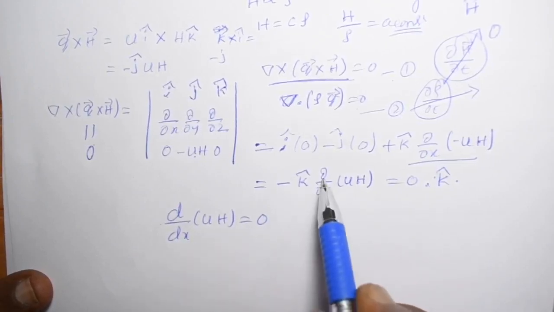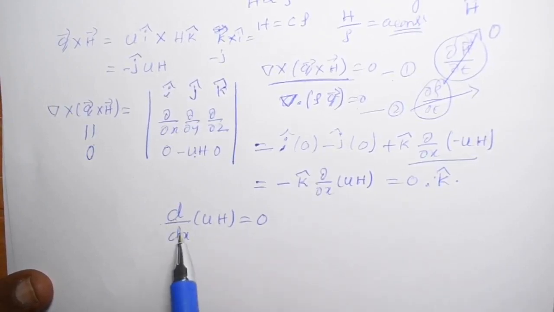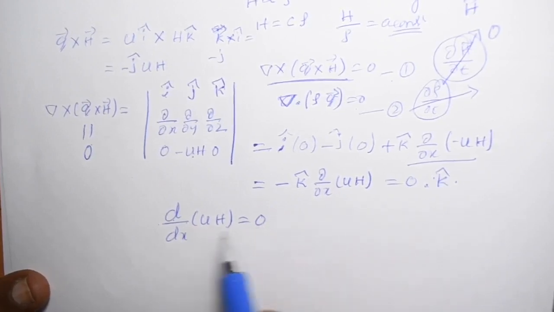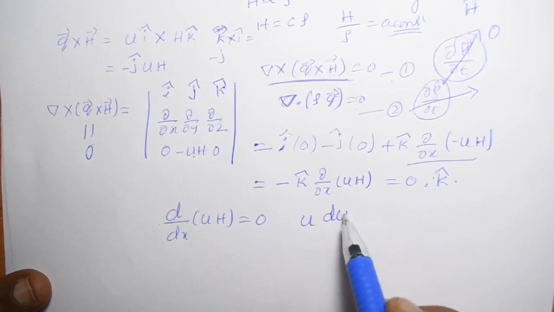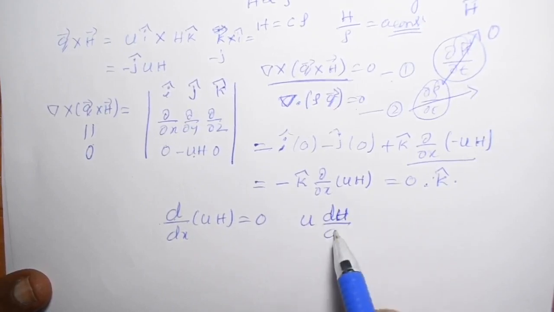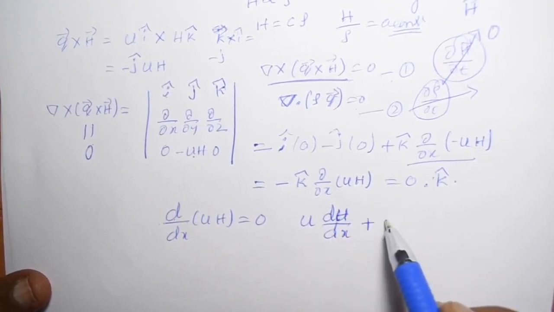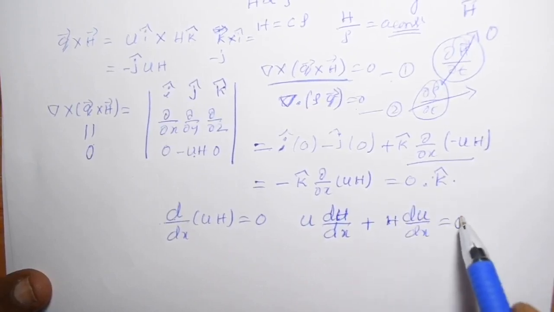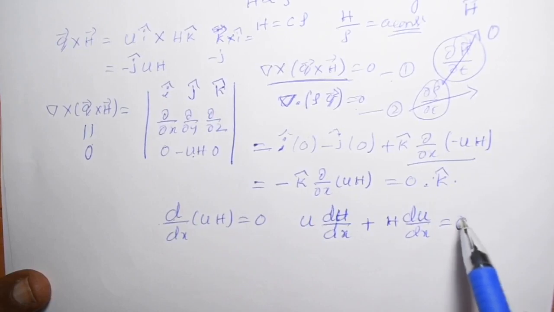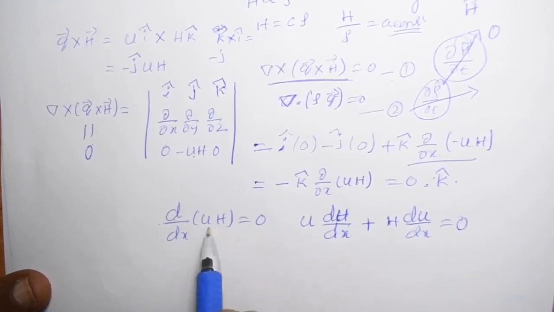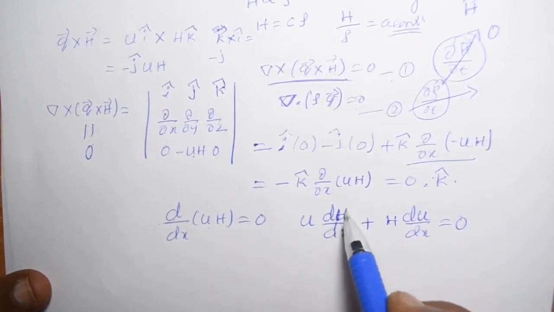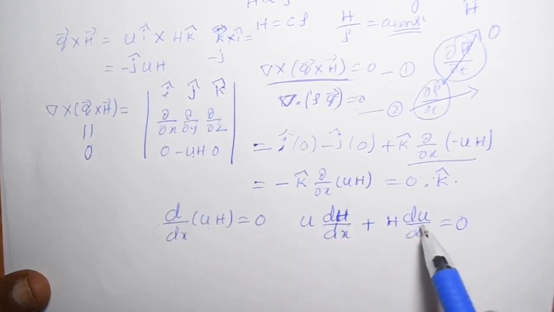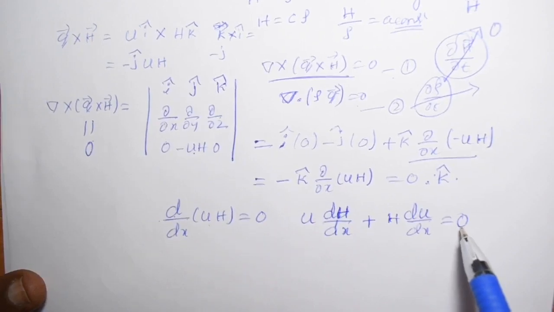So here instead of del I wrote it as d because it is an ordinary derivative, only one variable. And this equation will imply u into dh by dx plus h into du by dx is equal to 0.